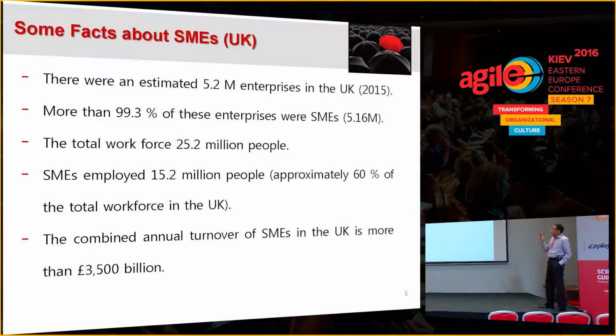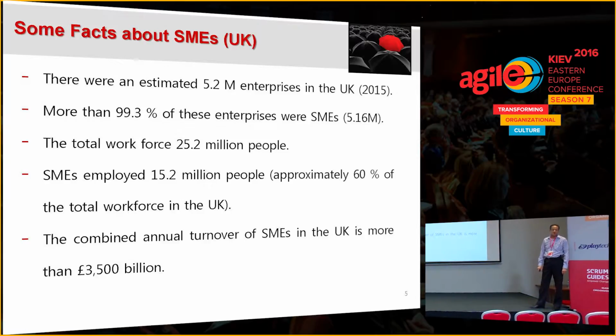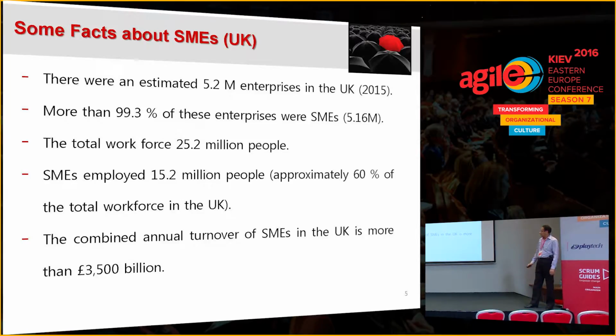At the same time, the total workforce in the UK is about 25.2 million people. 15.2 million, around 60% of the total workforce in the UK, work in small and medium-sized companies. So this gives us a hint of how important it is to care about small and medium-sized companies.